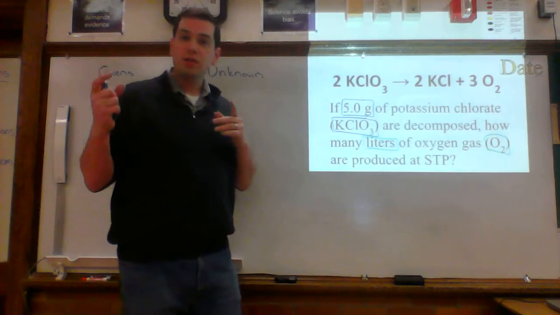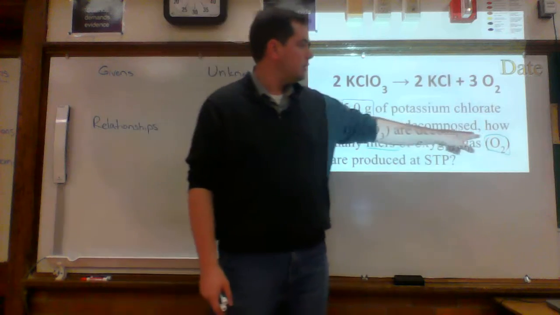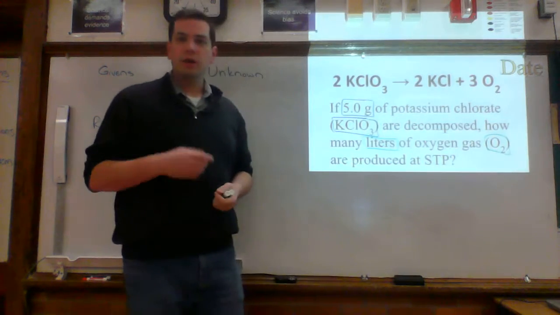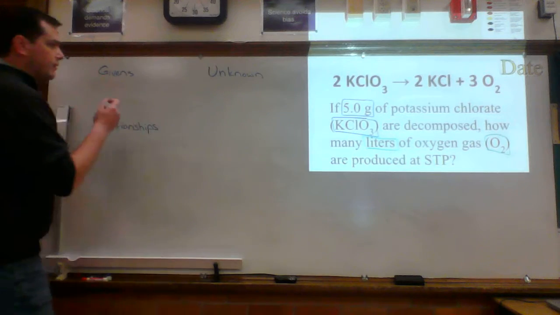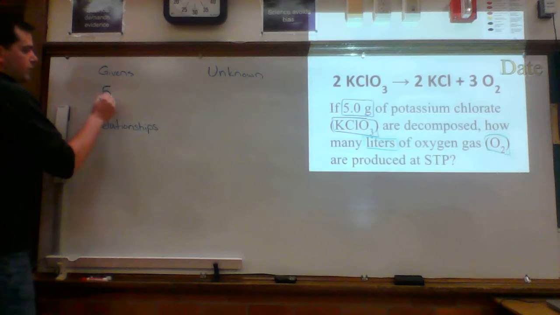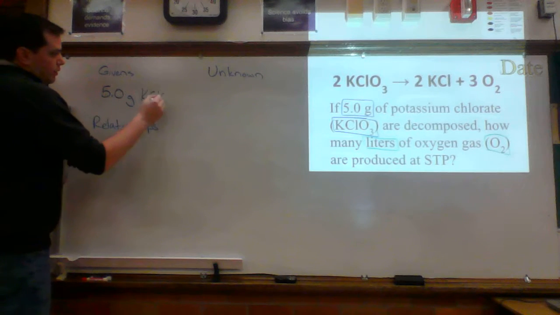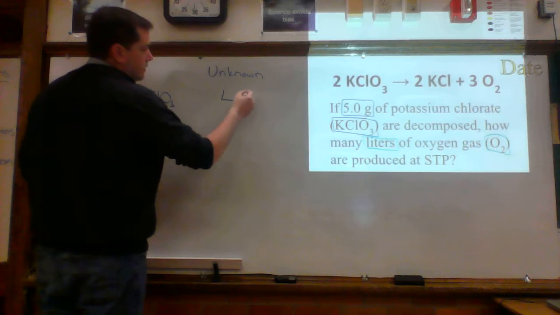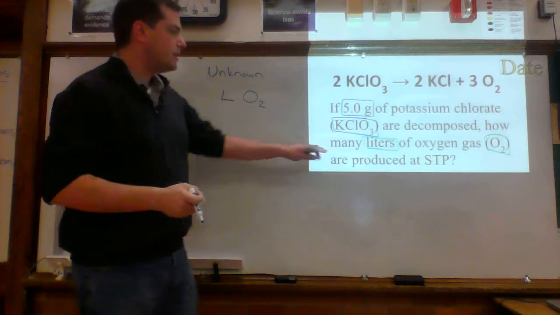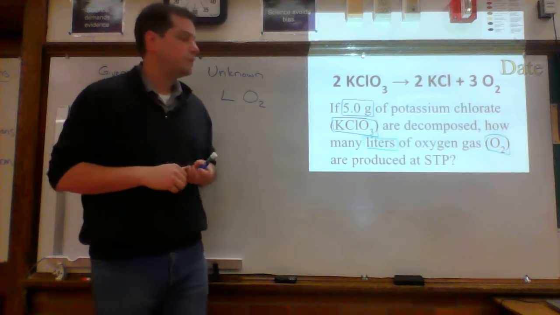So we're going to be changing grams to liters, and we're going to be changing KClO3 to O2, and we're going to need several steps to do that. Let me go ahead and record my given. 5.0 grams KClO3, liters O2. And that says liters at STP, right? So we know we're going to use 22.4 for one of our relationships.